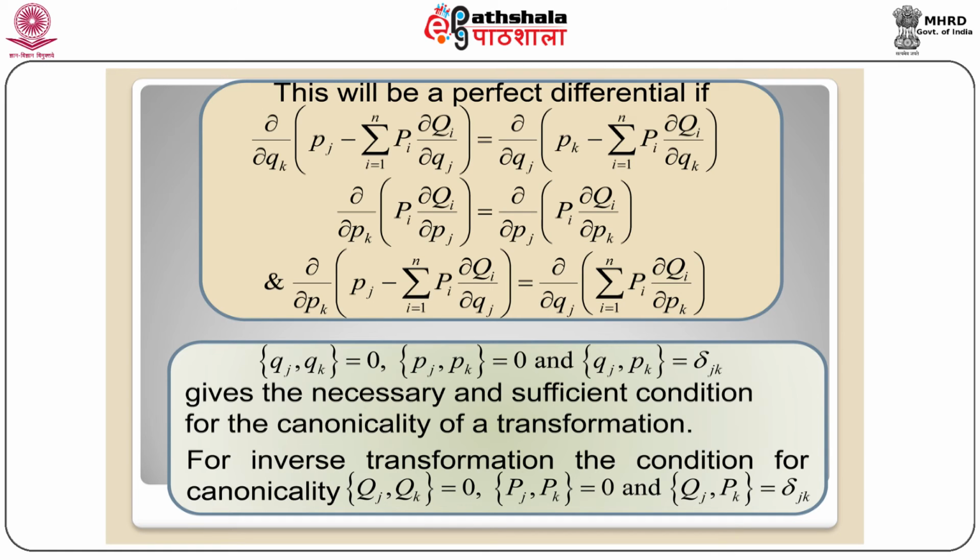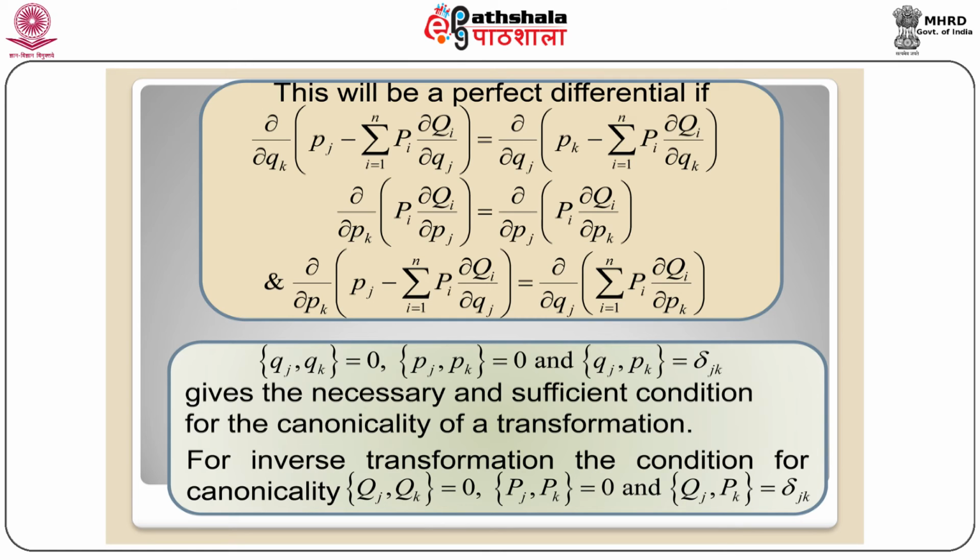We have already defined Kronecker delta jk, which is equal to 1 for j equal to k, and for j not equal to k it vanishes. This gives the necessary and sufficient condition for canonicality of a transformation.